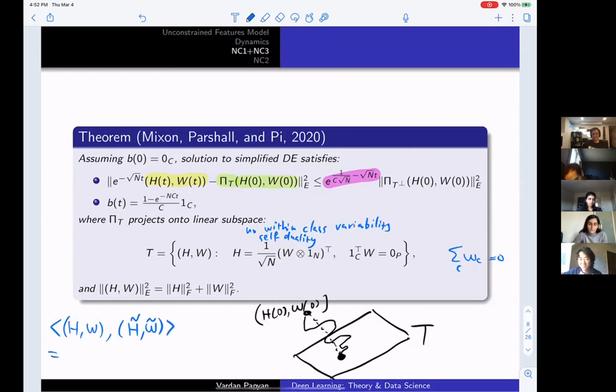The E inner product is the inner product of H with H wiggle plus that of W with W wiggle, each a Frobenius inner product. The Frobenius inner product is just multiplying and summing all the entries of the two matrices.